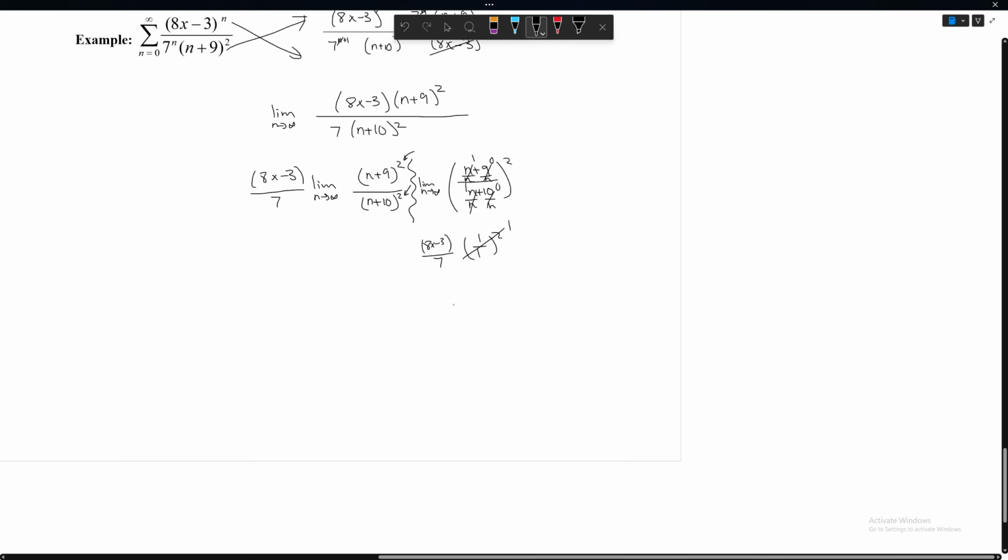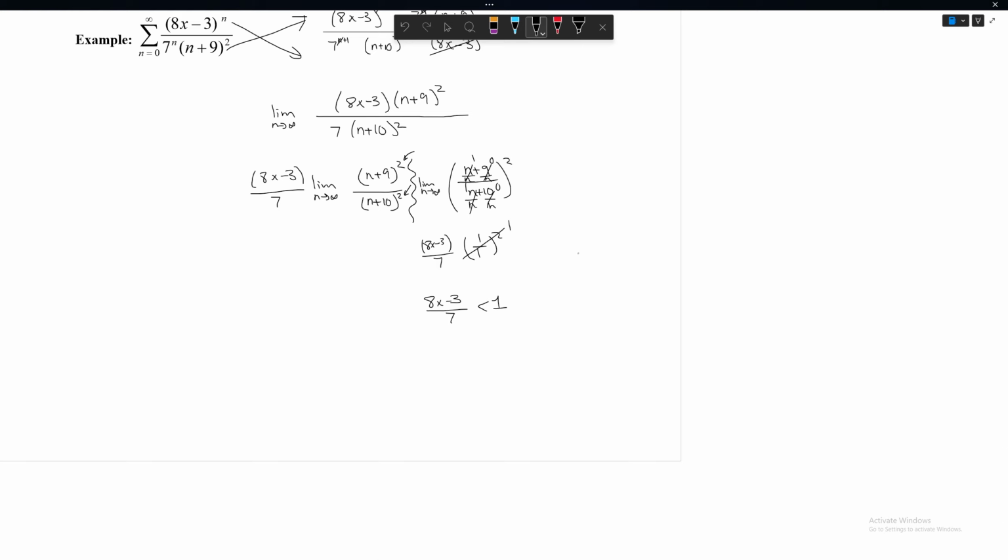Now remember, what I got is the absolute value of (8x minus 3) over 7 less than 1. I gotta get the format of x minus a, and so let's do that. Take 7 to the other side. I get the absolute value of 8x minus 3 less than 7. Now I gotta take an 8 out, so I get x minus 3 over 8, and I took an 8 out. Now take the 8 to the other side, I get the absolute value of x minus 3 over 8 less than 7 over 8.